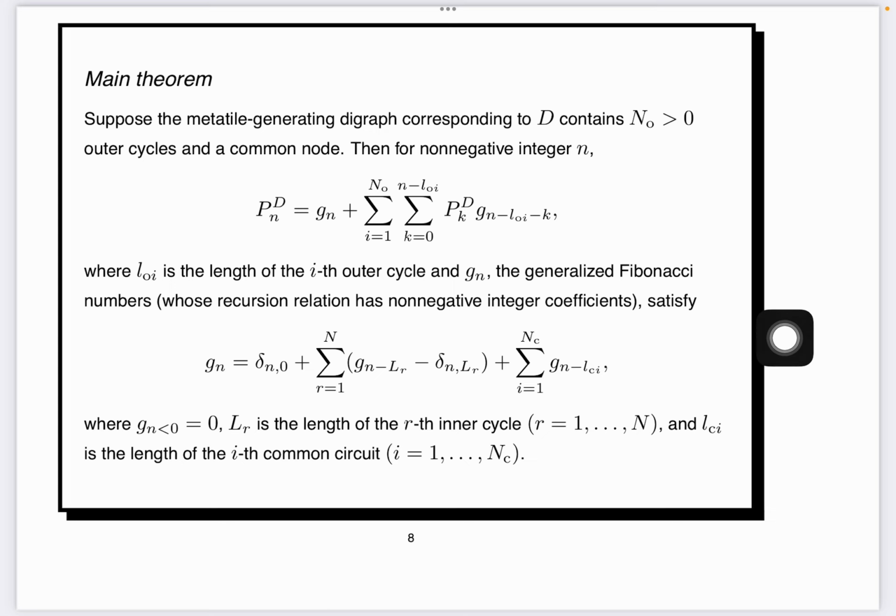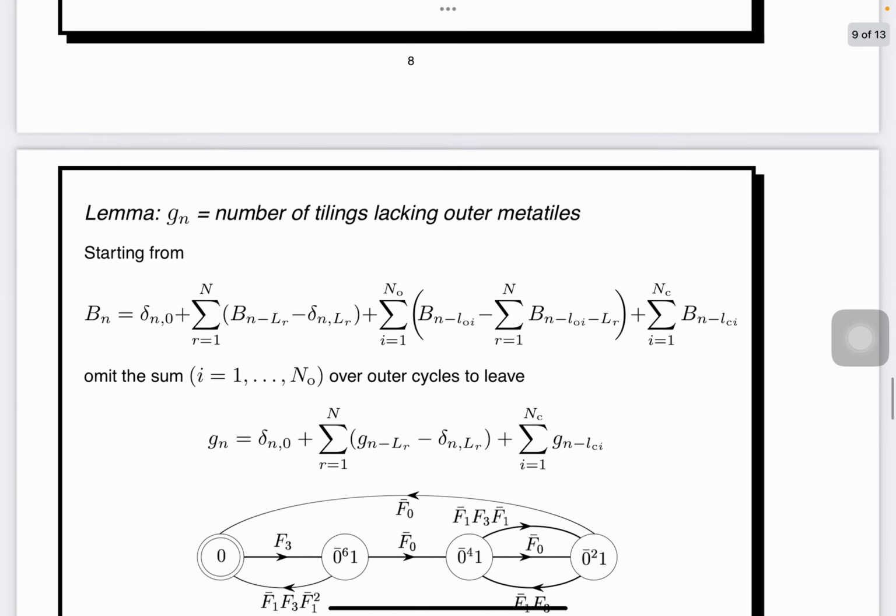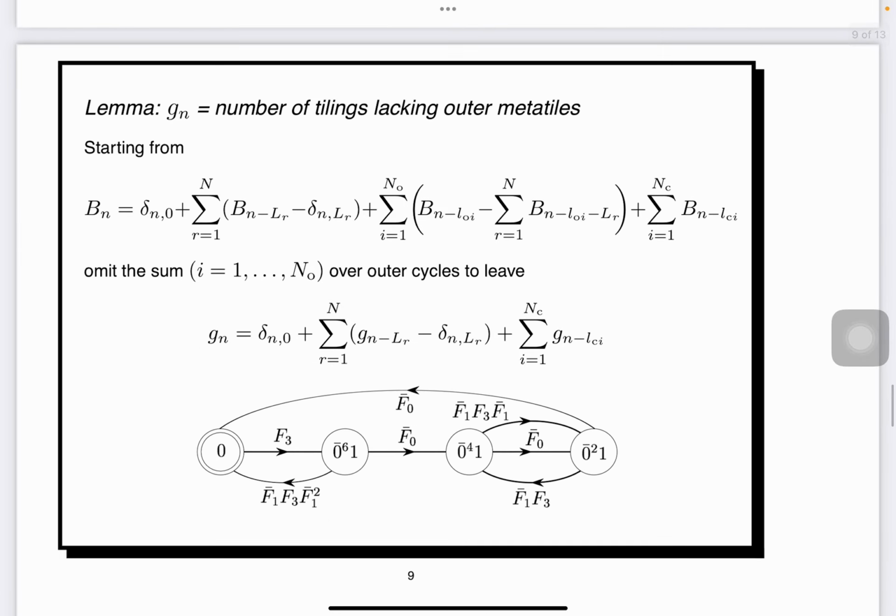Okay, so where does this theorem come from? Well, basically, we start off with Gn, the generalized Fibonacci numbers, which is simply the number of tilings which lack outer metatiles. And to get this, we start off with our main result concerning tilings, and we just say, well, what happens if we don't have any outer metatiles? Well, that corresponds just to knocking out this cycle here.